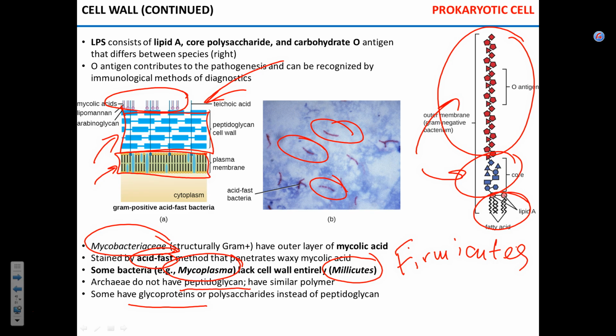Carbohydrate, because it's glycan. When we say glycoprotein, it's mostly protein, mostly amino acids with some carbohydrates, right? In some cases, they don't even have the amino acids. They just have an entirely polysaccharide cell wall. Before we go to the next slide, any questions?